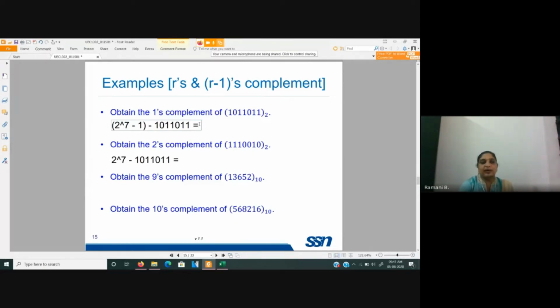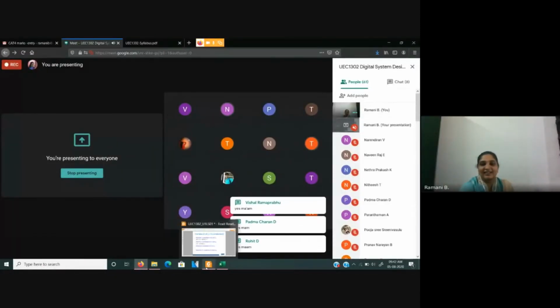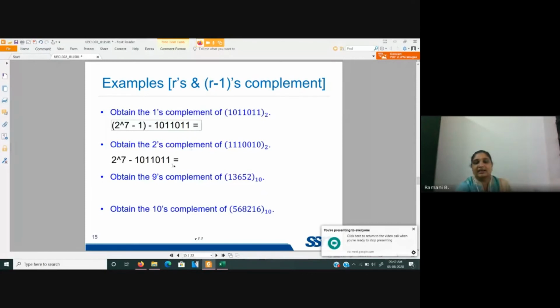So 2^7, what is it? 2^7 is 128. Yes, ma'am, 128. Okay, fine. So with 2^7, 128 is the decimal equivalent. However, we need the binary equivalent.